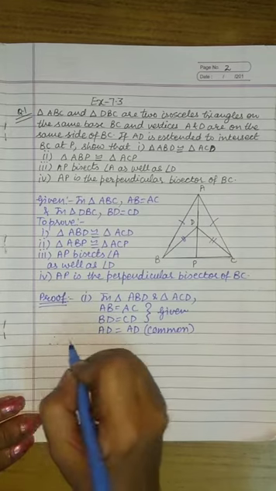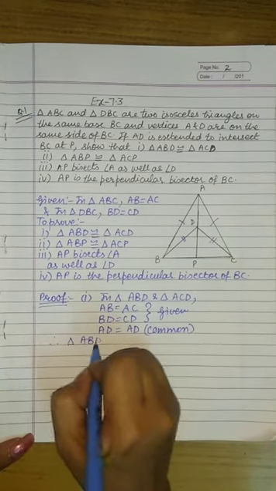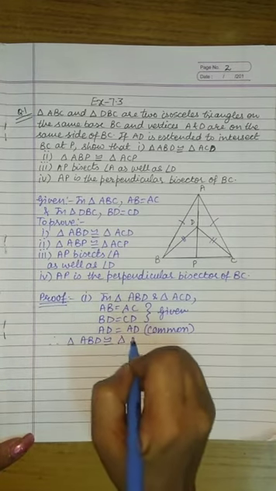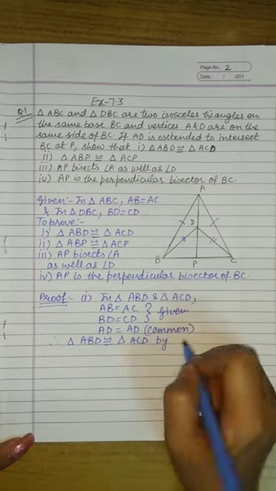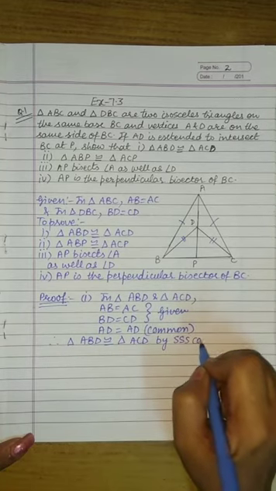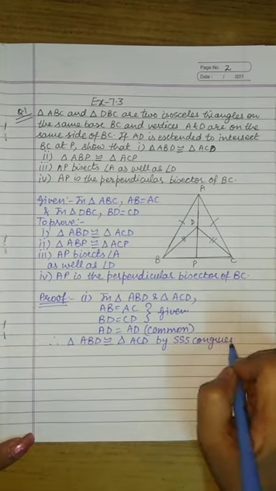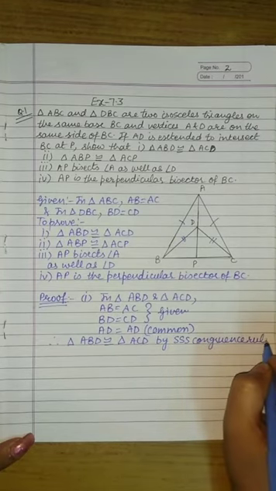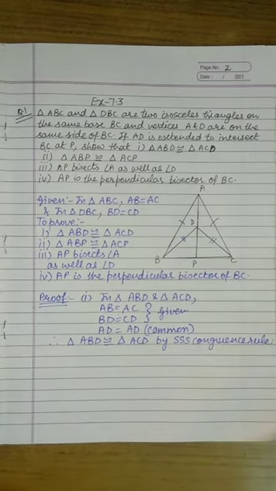So therefore, triangle ABD is congruent to triangle ACD by SSS congruence rule. So both the triangles are congruent. So our first part is proved.